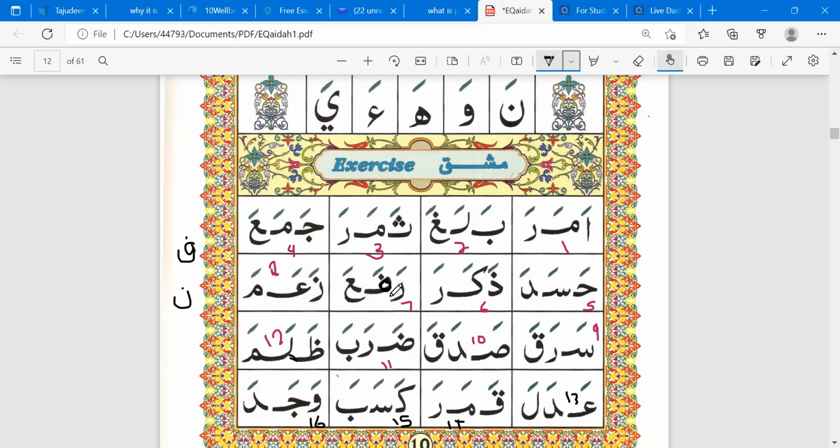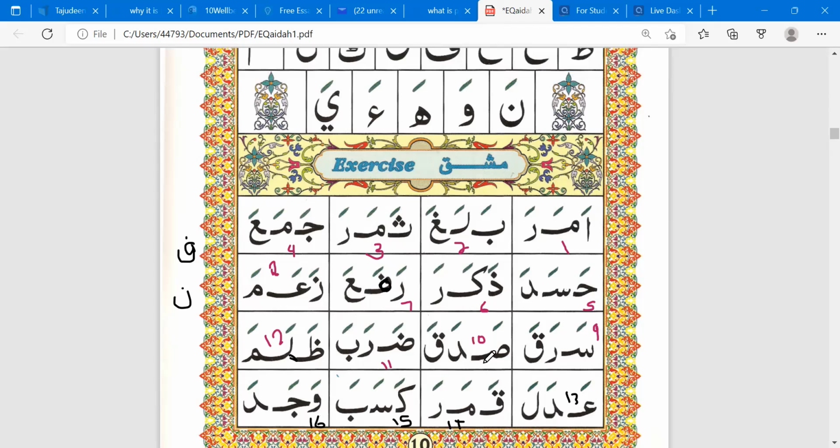Ro fa za a ma sa ro ko so da ko do ro ba zo la ma a da la ko ma ro ka sa ba wa ja da.